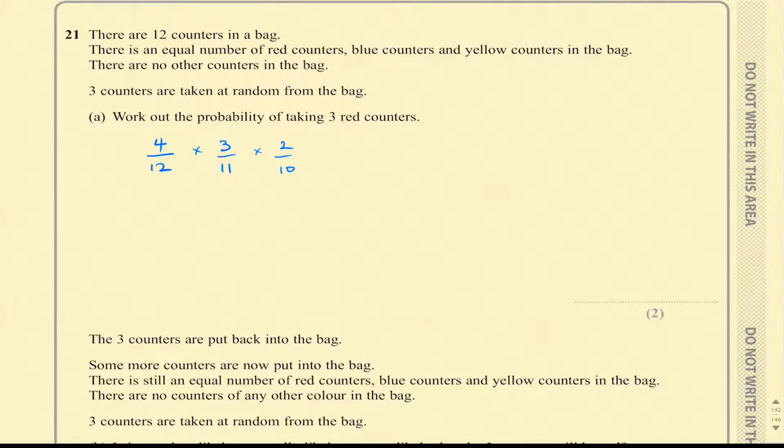So the probability will be, we got 4 here, 1, 4 here, 3, and 3 cancel 3, and you got 1 cancel 2 in there, and 5.